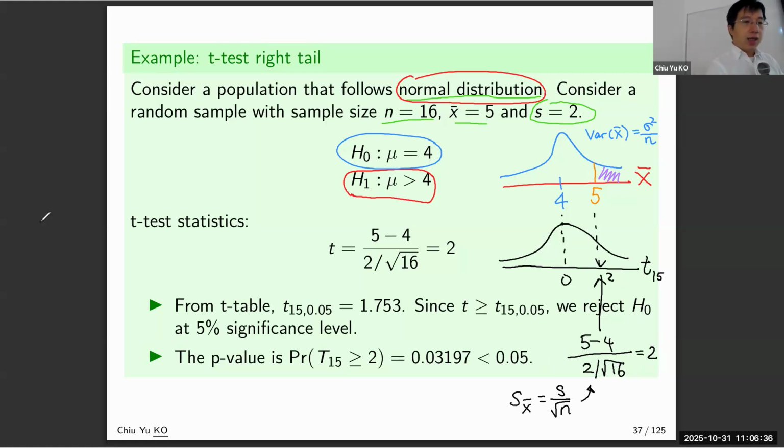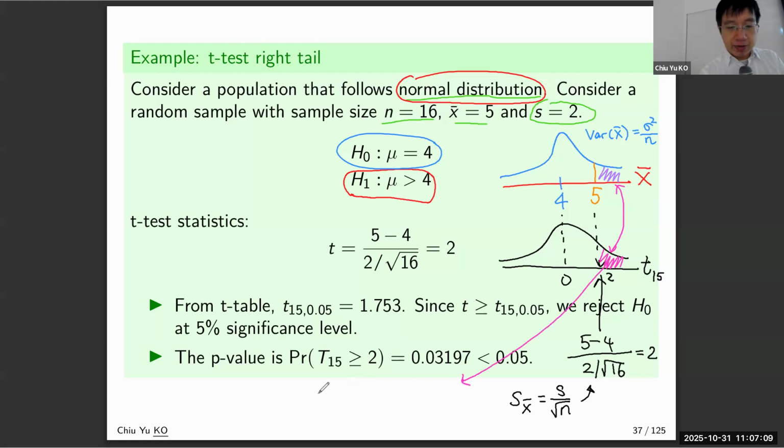We know that this area is the same as this area. Once we look at the area, if this area is less than 5%, then we'll say 5 is sufficiently far from 4, and we'll reject H null. So how do we calculate this area?